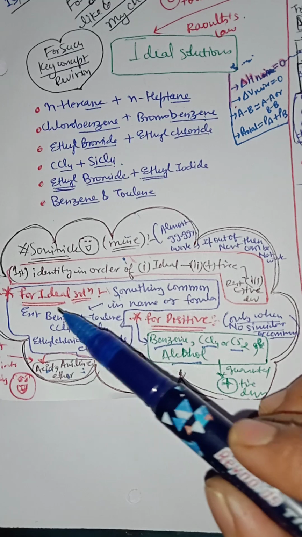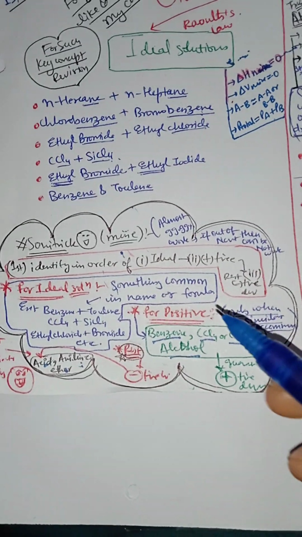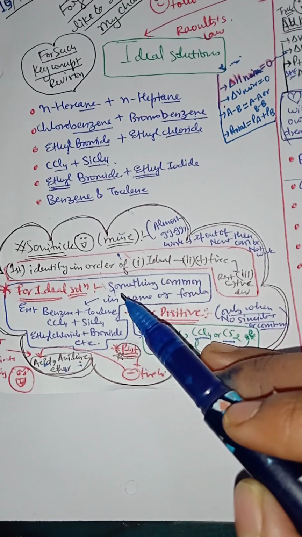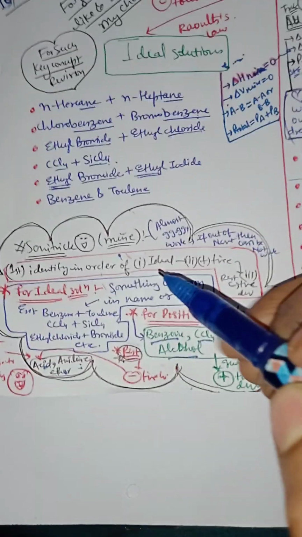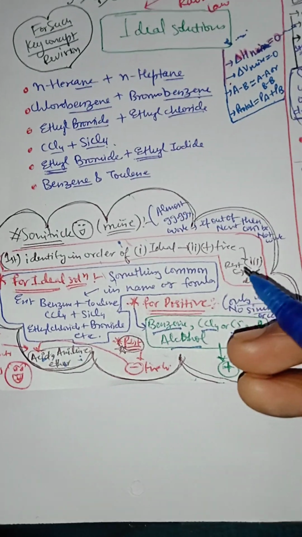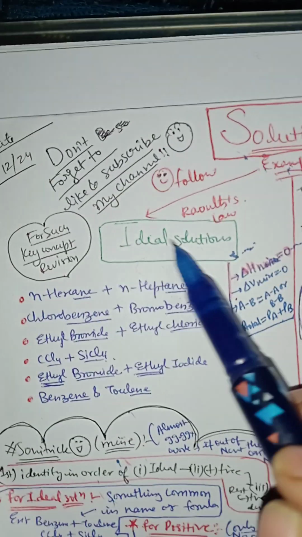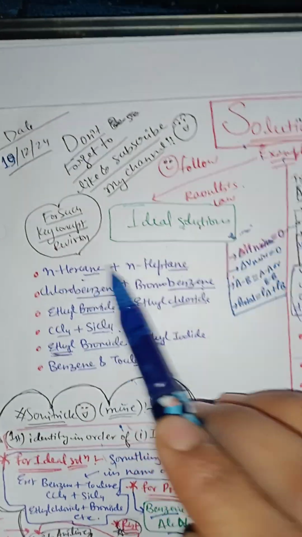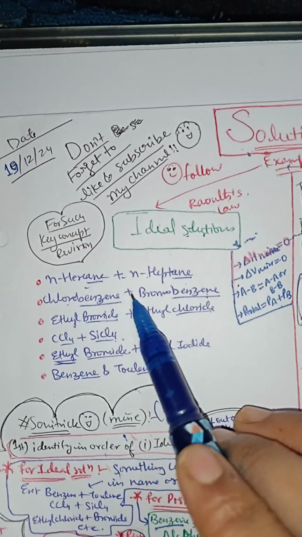To know that it is an ideal solution, when you see the examples you see some similarity in them, something common in the name or in the formula. For example, here are the ideal solution examples: n-hexane plus n-heptane, chlorobenzene plus bromobenzene.